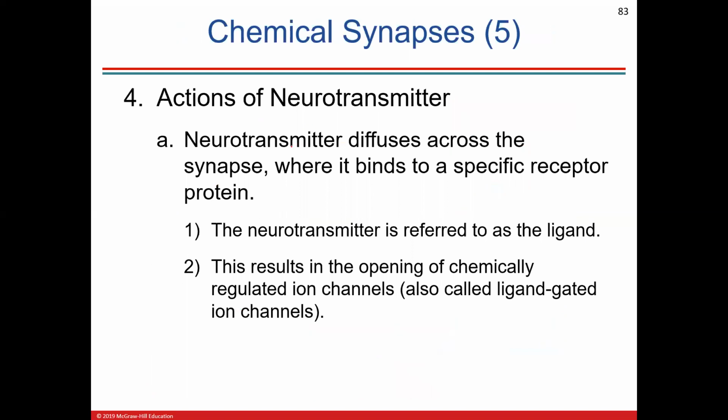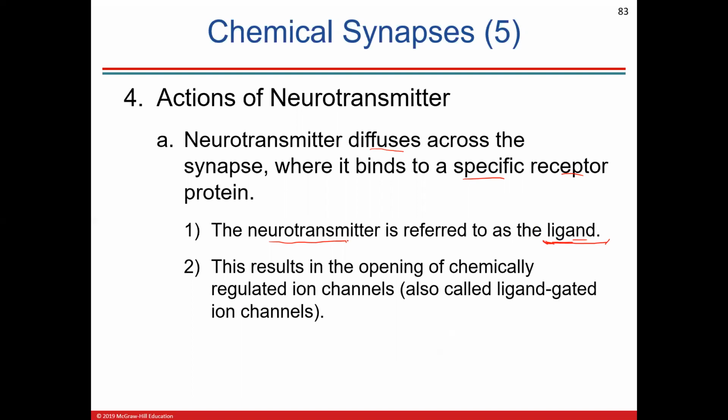Okay, so again, there's diffusion of the neurotransmitter across the synaptic cleft and it has to bind to a very specific receptor. The neurotransmitter itself is called a ligand. Like in endocrine, you know about ligand-gated channels. The ligand means there's a chemical, usually a neurotransmitter, that has to bind to it.